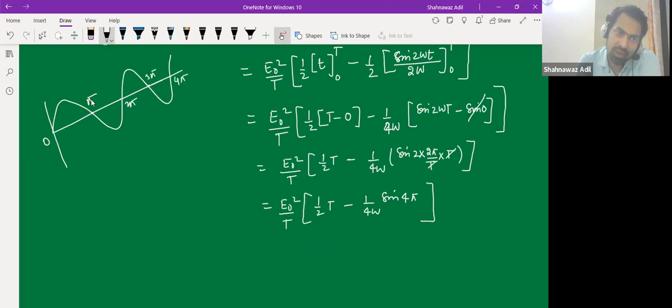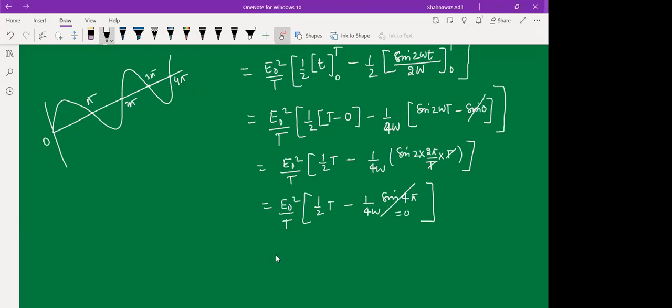So sine of an integral multiple of pi is how much? Sine of any multiple of pi would be 0. Understood? Because sine function is 0 at these points. Understood, Aisha?